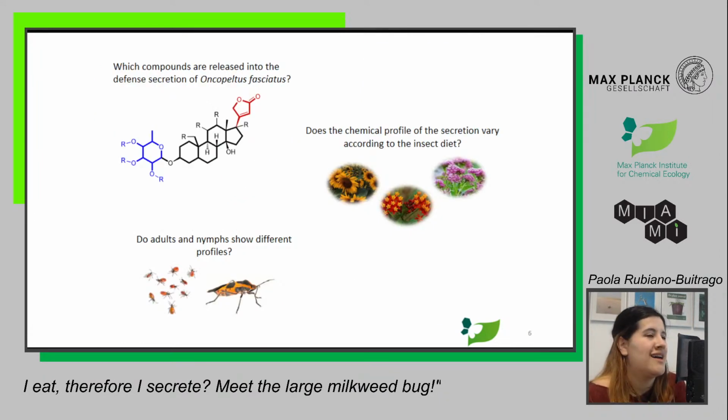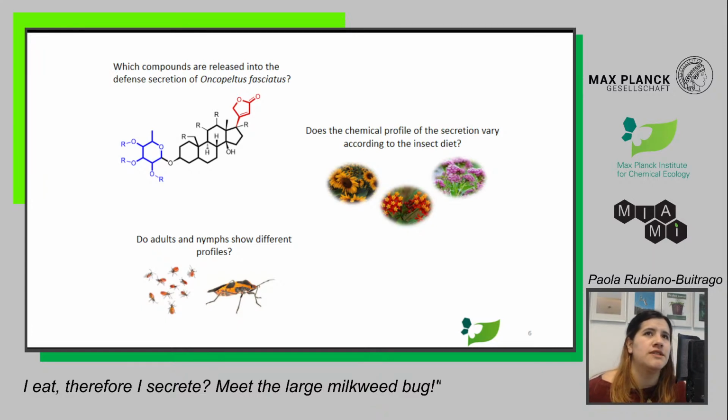But as I'm a chemist surrounded by biologists, my question is, what is the chemistry behind it? Which compounds can be released in this defensive secretion, how do they look, how are they made? Is the chemical profile of those secretions going to vary according to the diet? And do adults and nymphs show different profiles, because as we see, the droplets come from different areas?